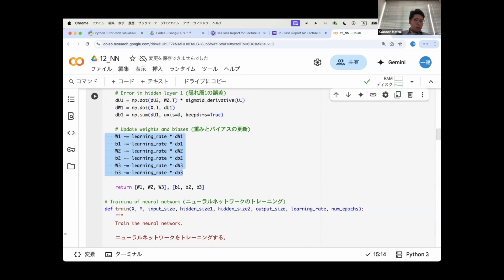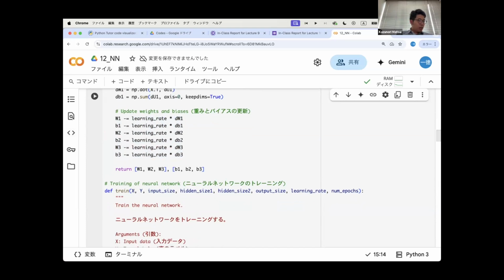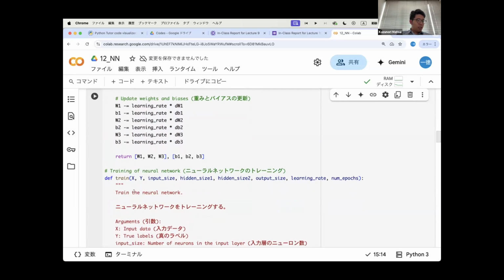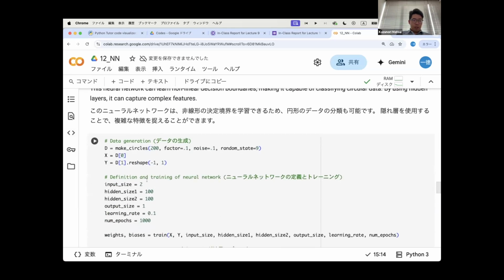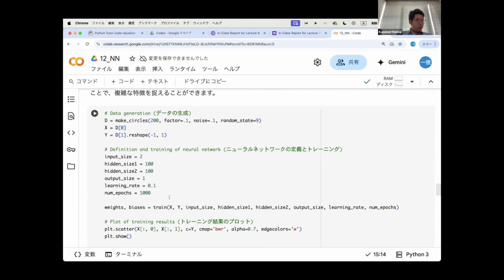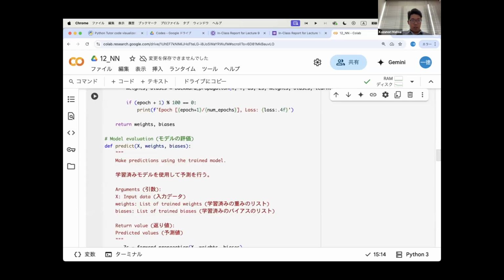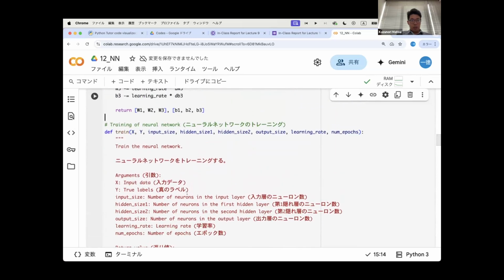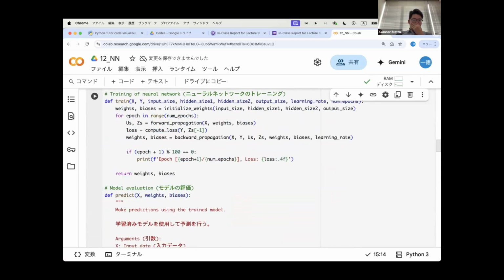So the flow of how to determine neural network parameters is as follows.